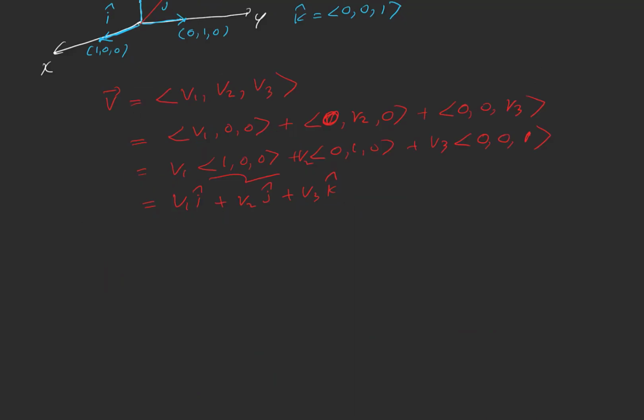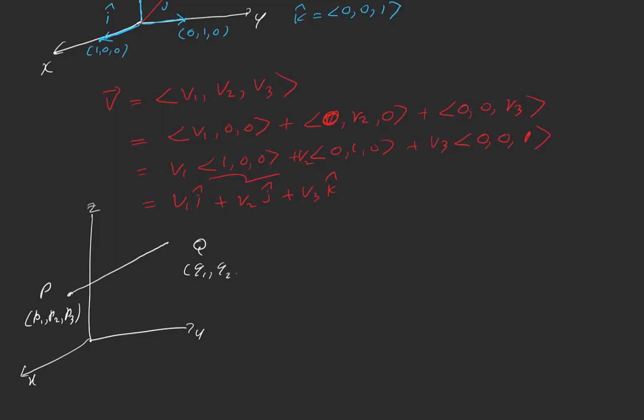Now suppose you have points P and Q, again in the x, y, z coordinate system. I write P as (p1, p2, p3) and Q as (q1, q2, q3). Then this is the v vector.